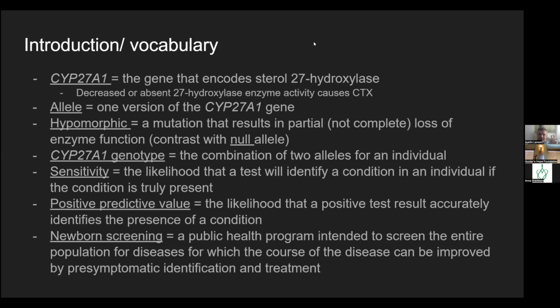The term allele is referring to a particular type or a copy of that gene that carries a particular mutation. There are different types of alleles. So you can have something called a hypomorphic allele. A hypomorphic allele means that there's a mutation in the gene that partially but not completely diminishes the sterol 27 hydroxylase enzyme.